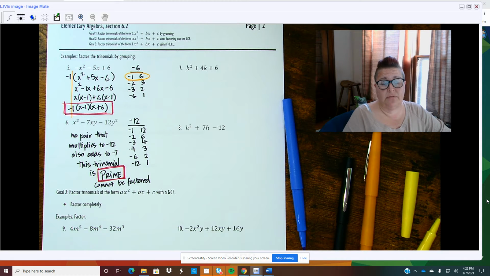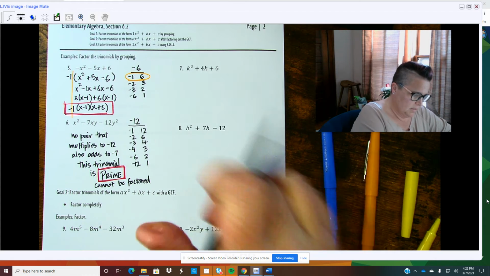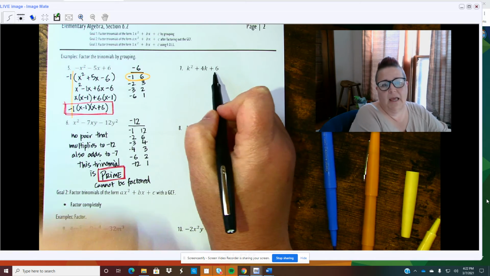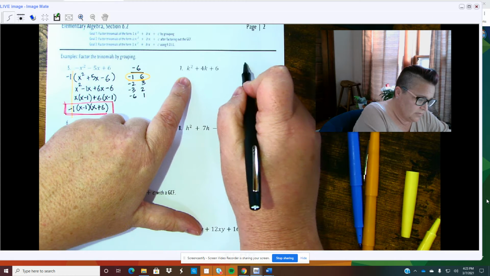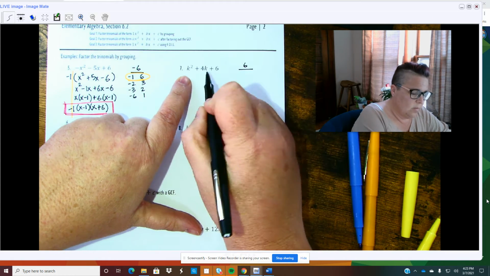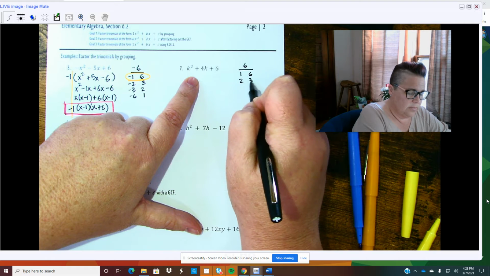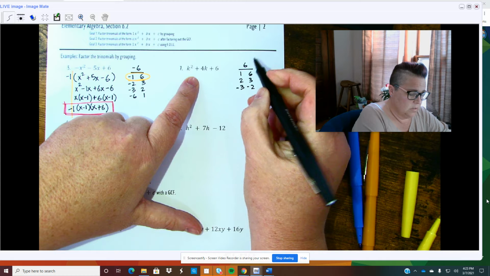So let's see if we've got another one here. I don't know how many we've got. I don't know if these next 3 are or not, but let's just run through it, right? So for this guy, we do have a trinomial. It does lead with a 1. We want the factors of 6 that will add to be 4. Well, factors of 6 are 1 and 6, 2 and 3, -3 and -2.